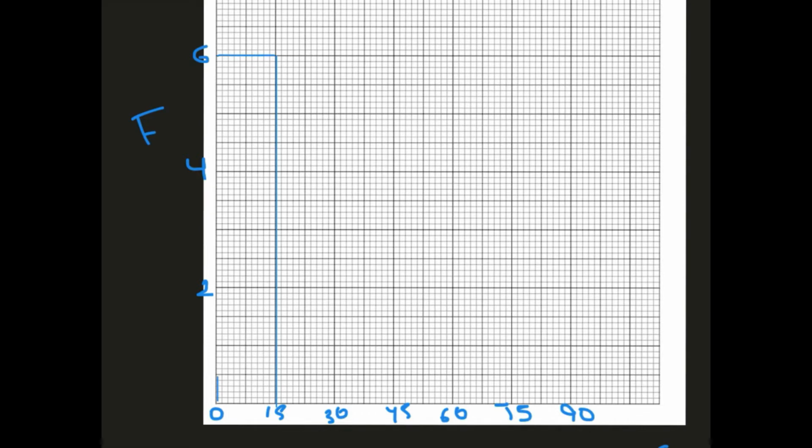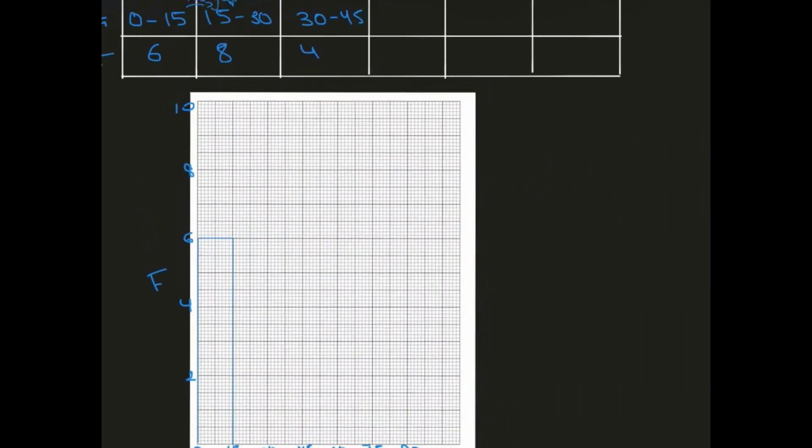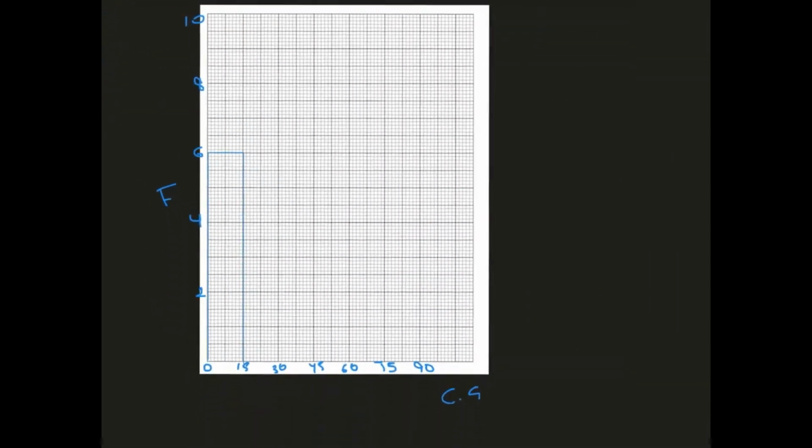And then our second class group is from 15 to 30 with a frequency of 8. So our second column is going to be something like this, 8, and then our column is going to look something like this.